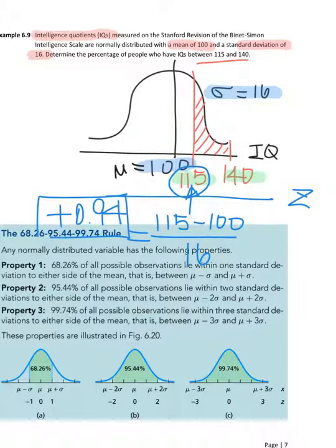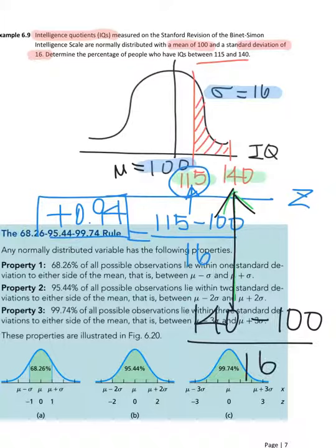Let me take the other z-score at 140. Same way, 140 minus the mean divided by the standard deviation. Please try again. We get another positive z-score, 2.50. Thank you.